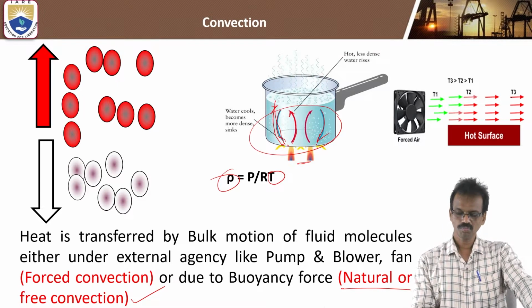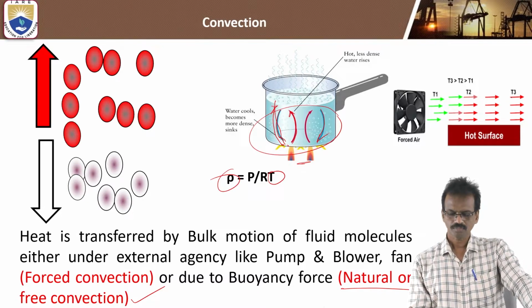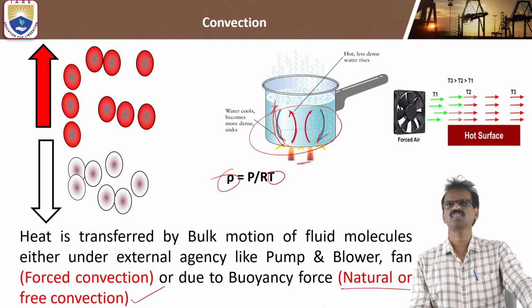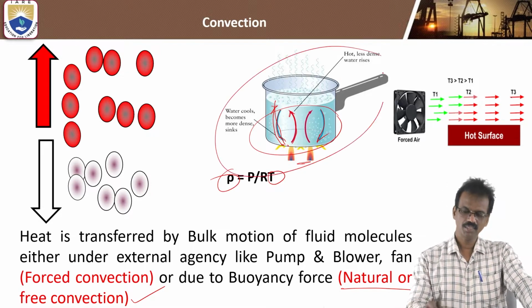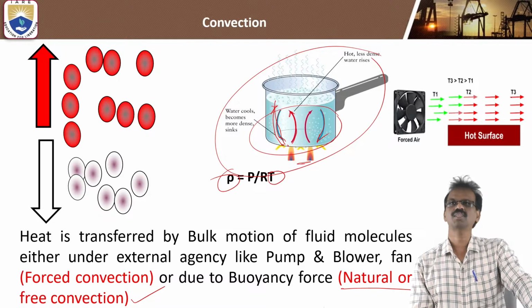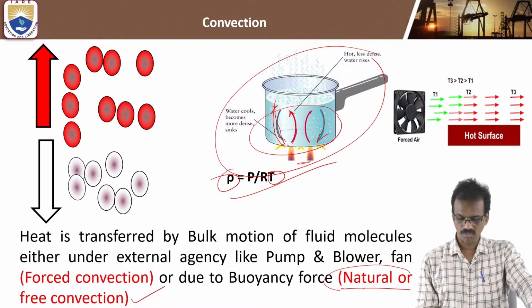When the particles move from one place to another, the heat is automatically transferred from bottom to top, from the bottom surface throughout the fluid. This occurs naturally by the effect of buoyancy, so this type of convection is called natural convection.